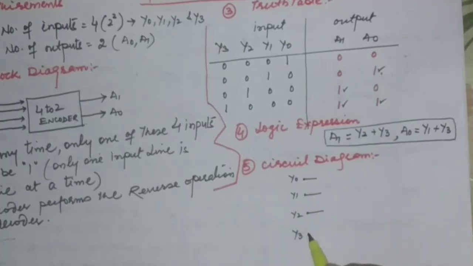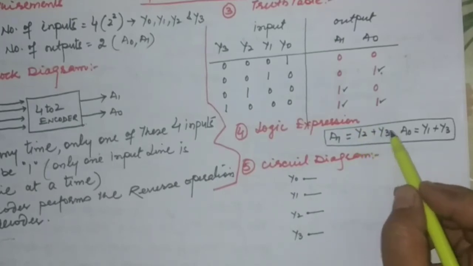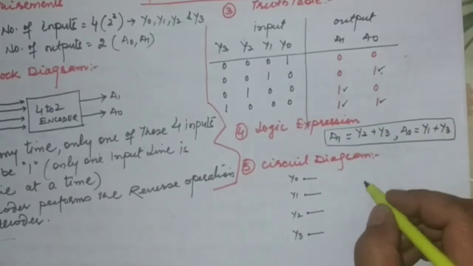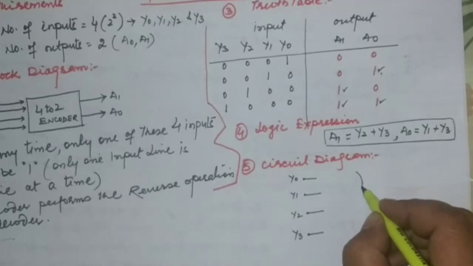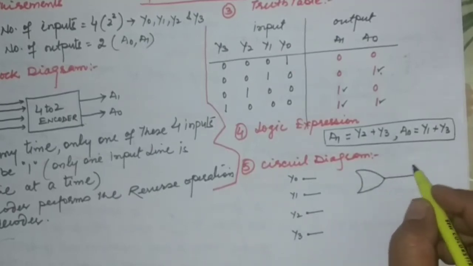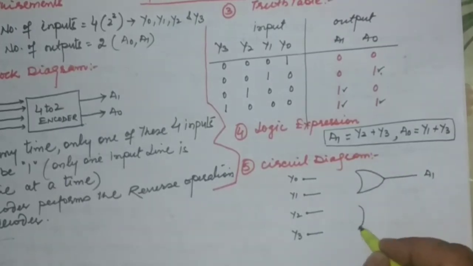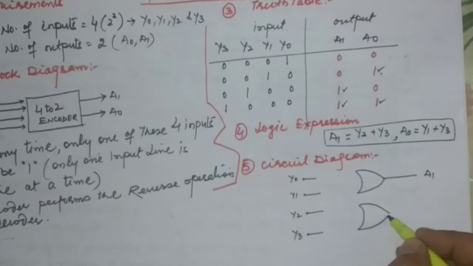We require 2 OR gates actually. We take one OR gate for A1 and another OR gate for A0.